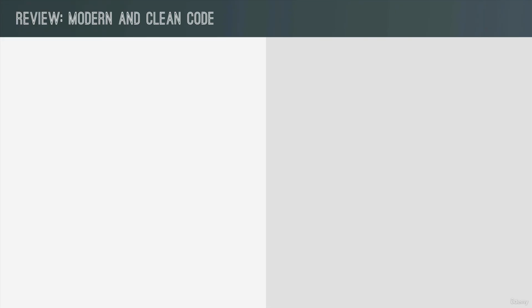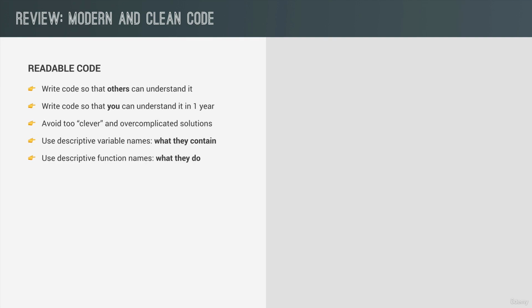So one of the most important things when you code is that you should write readable code, which basically means that you should write code so that others can understand it, and also so that you can understand it yourself in the future. Also, you should try to avoid writing too clever and maybe overcomplicated solutions that might make you feel really smart as a developer, but which also might make your code very confusing and unreadable.